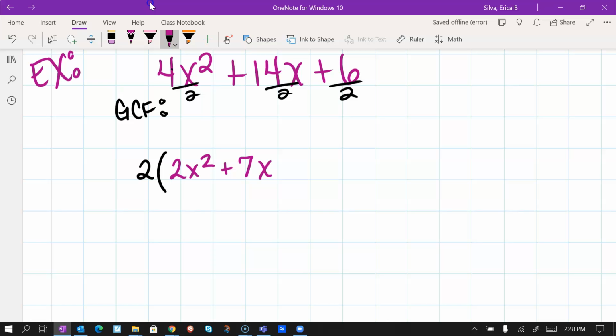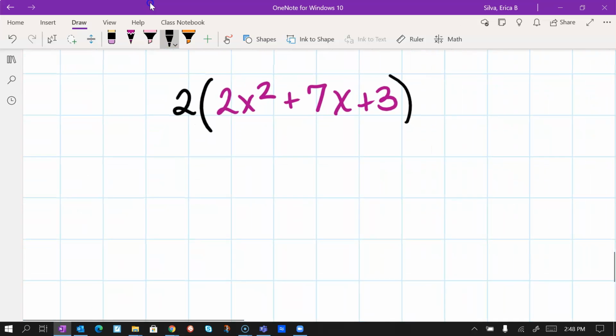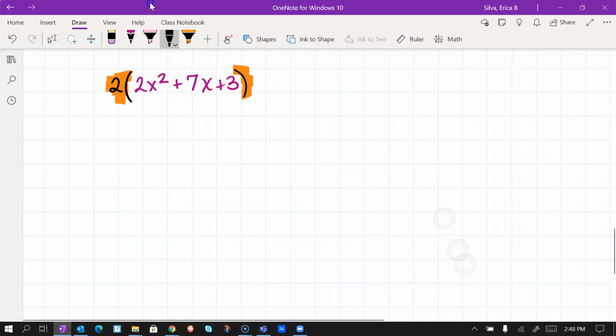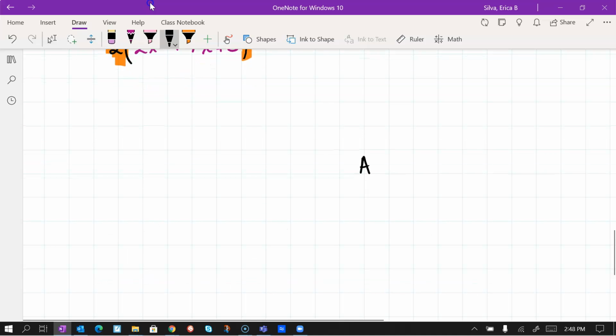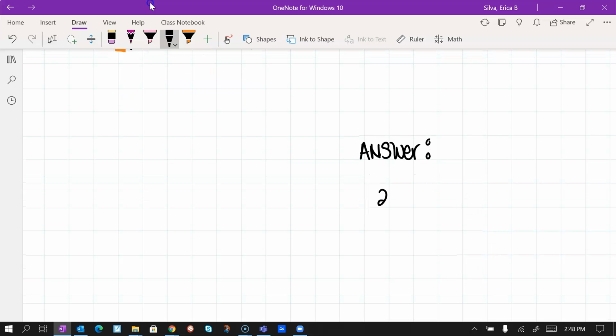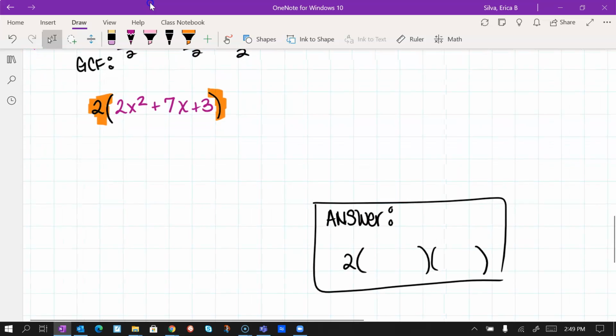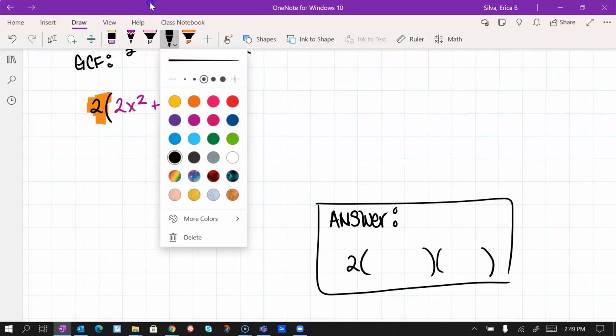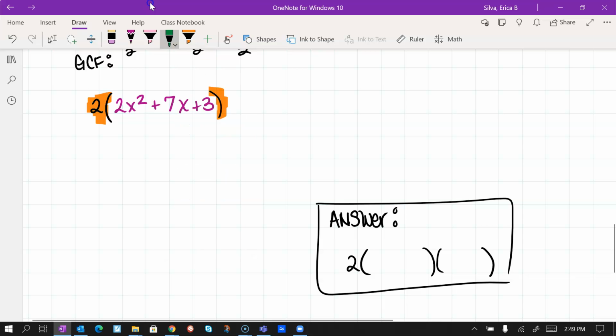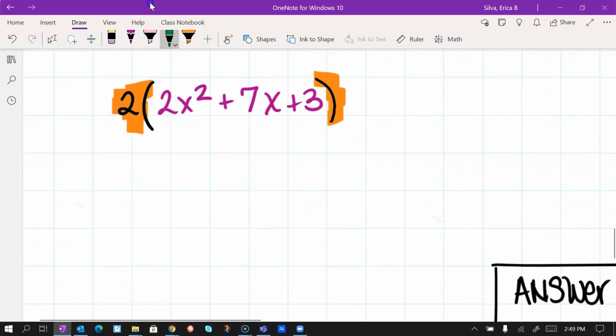And then 6 divided by 2. All right, so now it's kind of like we put this 2 on pause. So on my answer, because I always forget, and a lot of people always forget to write down the GCF, I'm going to set up my equation where my GCF is already written, so I could just forget about it. And now I can concentrate on factoring out the 2x squared plus 7x plus 3.